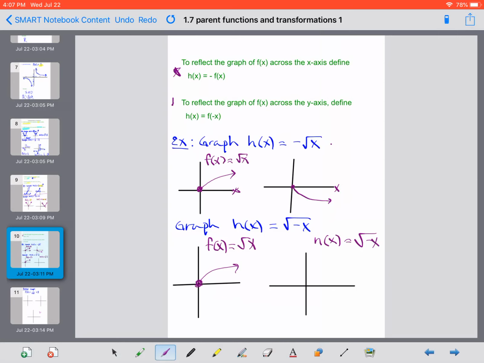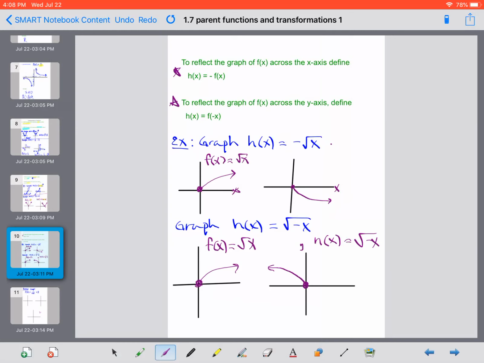So now we're in the second scenario here. The negative sign is with the x, it's underneath the radical sign. And so the result of this is going to be the result of reflecting this graph f across the y-axis. Here's our y-axis. When we reflect it across the y-axis, when we flip it over, it looks like this. So square root of negative x looks like this graph here, this last one.